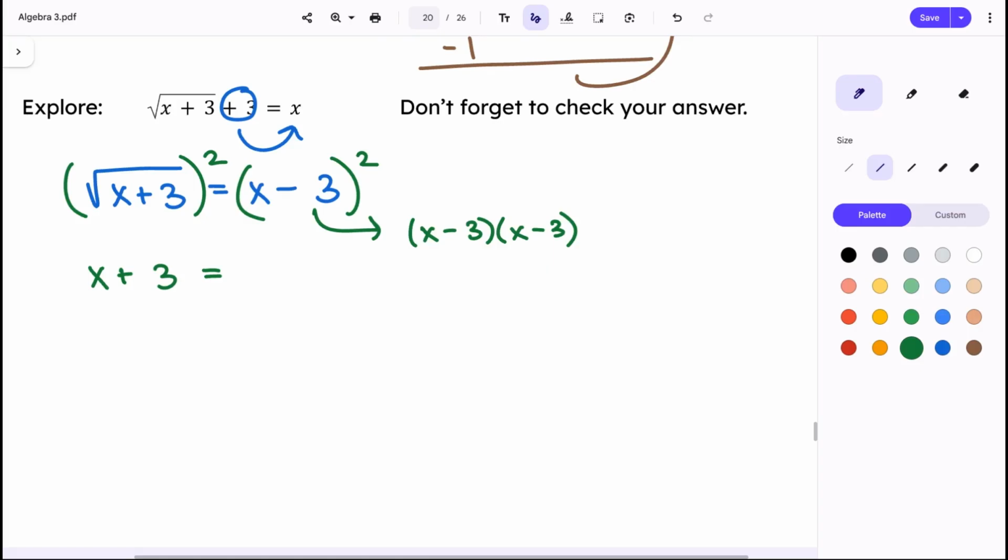So if you FOIL that, what does it say? Good. So x plus 3, if I just clean up the right side, that becomes a minus 6x in the middle.